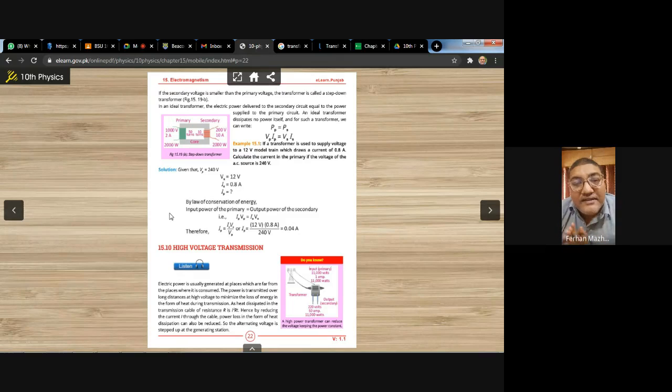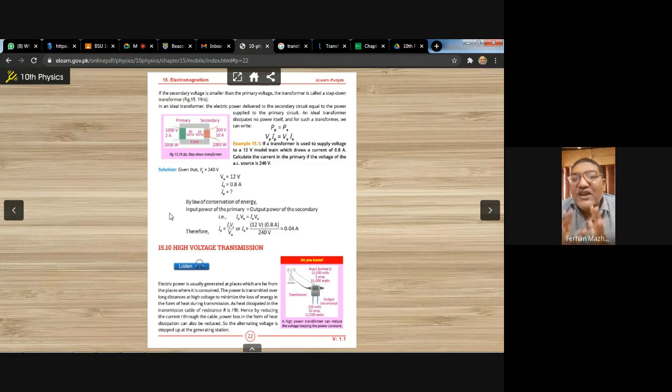IPVP equals ISVS. And I made the IP alone. So IS multiplied by VS divided by VP. Just put the values and do the calculation on your calculator. You get the answer.